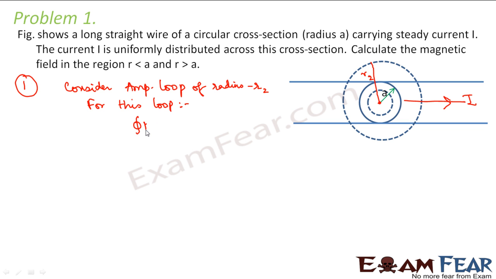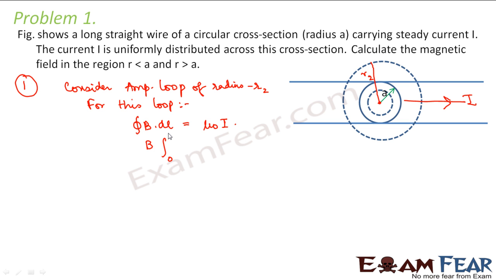According to Ampere's circuital law, integration of B dot dl should be equal to mu naught I. For this particular loop of radius R2, what is the current enclosed by this loop? The current enclosed will be I, because this loop is a bigger loop. Inside this, the entire long straight wire is coming. So current enclosed by this will be I. And what would be integration of dl?